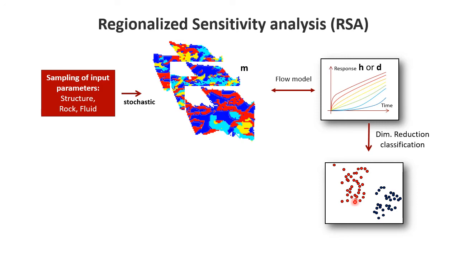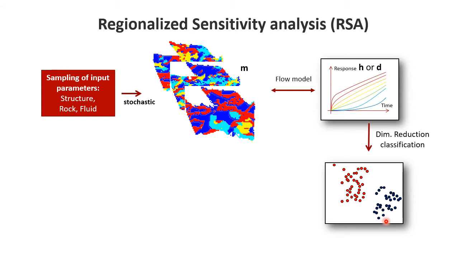If we do that, then in the red group I have, say, the high responses, and the blue group would be the low responses. But each point, which is a response, also corresponds to a model parameter. And so in addition to that, we can look at the histogram of the model parameters in this group and the histogram of the model parameters in this group.